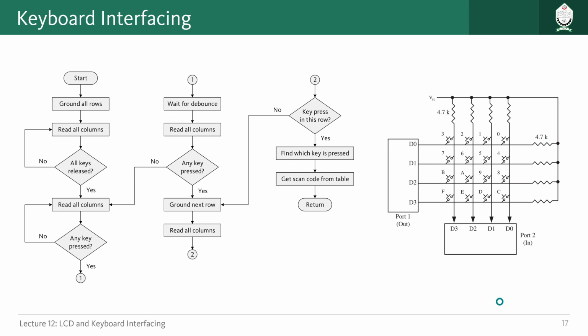Now we will look at this flowchart to understand the overall workflow of keyboard interfacing with 8051. Before we explain everything here, understand that whenever we press any key, it may take some time to release it, like 1 or 2 seconds.